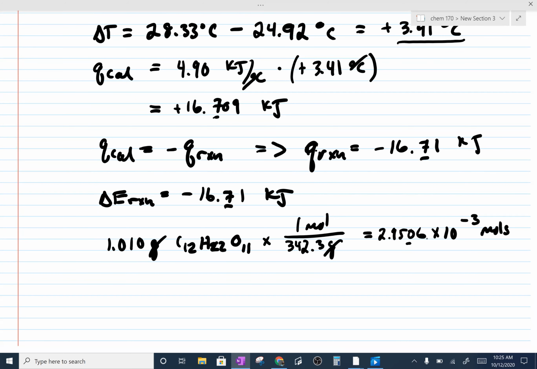So this is how many moles we have. To get the kilojoules per mole, all we have to do is divide that initial delta E by the total number of moles that we have, and we have kilojoules per mole.